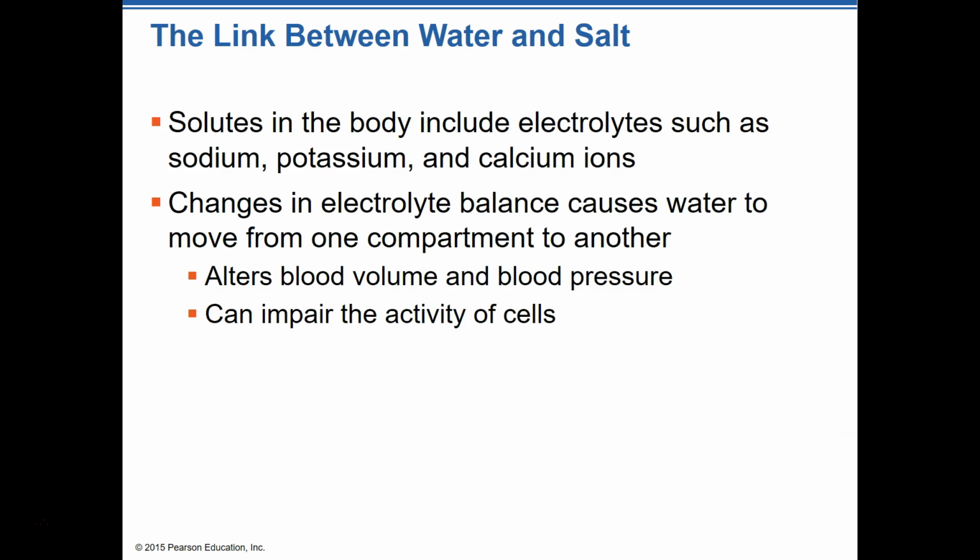It's easier for the fluid to move from one side to the other than it is for the solute or the electrolyte to move. So usually it's water that moves before the solute does. Eventually it'll balance back out, but the fastest thing that happens is one dilutes the other.